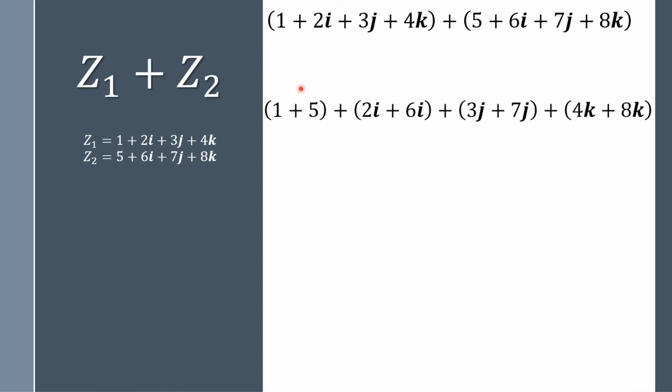We'll put like terms together, so we'll have 1 plus 5, 2i plus 6i, 3j plus 7j, and 4k plus 8k. Add that together and we're going to get 6 plus 8i plus 10j plus 12k.